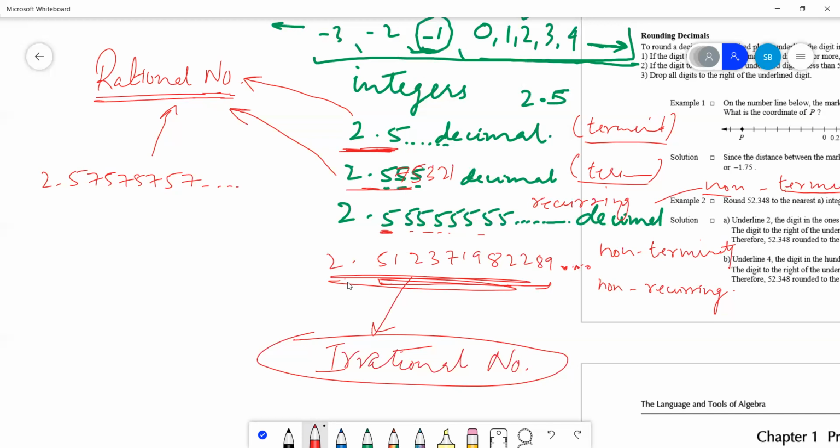It is following some number, having some numbers repeating. So that is also a rational number. But any number which is non-terminating, not getting stopped, and non-recurring, not having any number repeating, is not a rational number. That is called an irrational number.